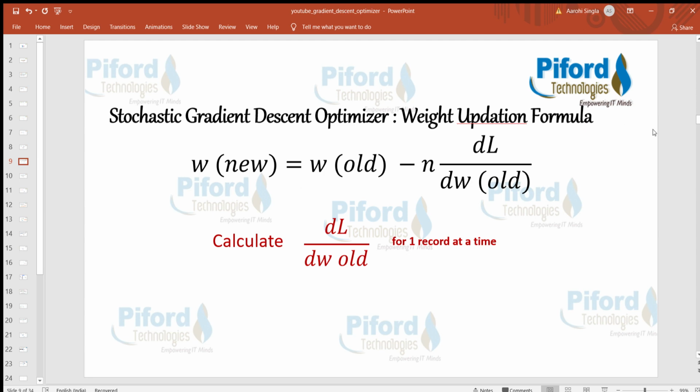This is the same formula, but there is one difference you need to take care of. Over here we calculate this derivative of loss with respect to the weight on the basis of a single record. That means in every epoch it will take only one record and calculate the predicted y value, and then it will go in the backward direction.